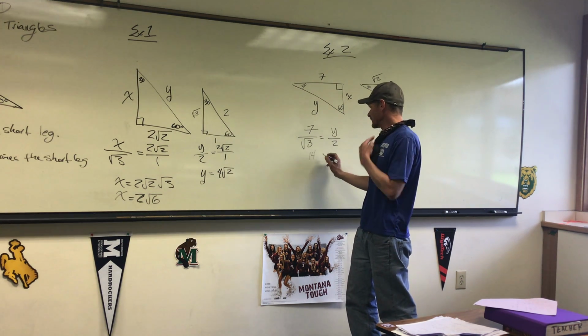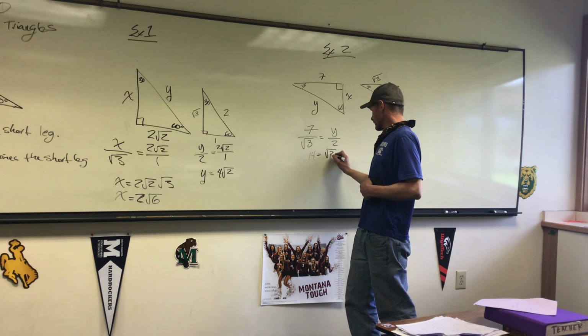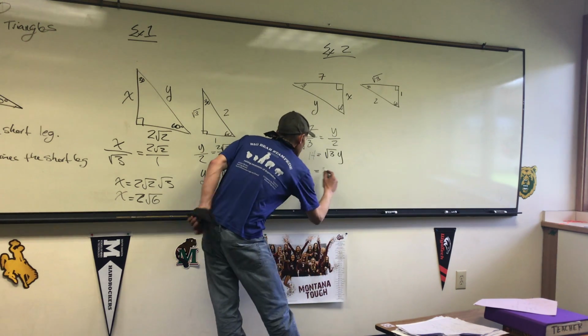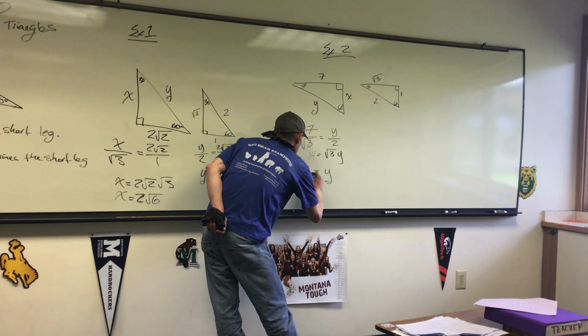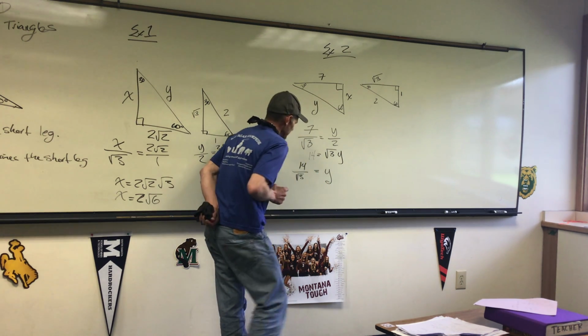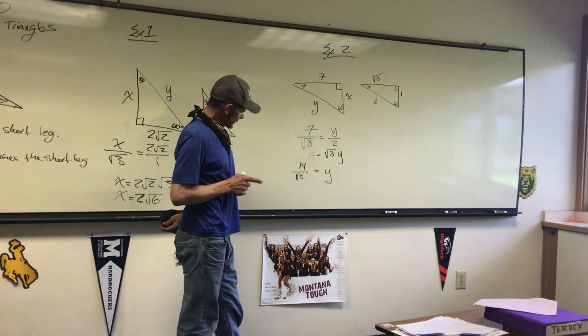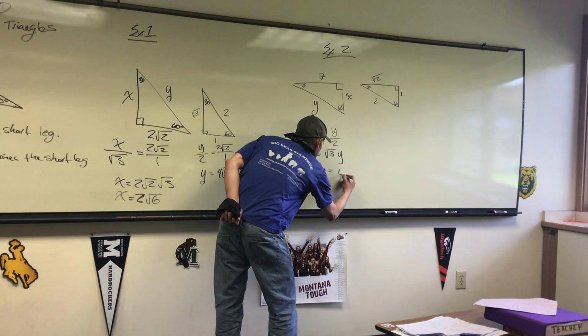14 is equal to the square root of 3 times y, and then we're going to divide by the square root of 3, and we get that y is equal to 14 divided by the square root of 3. That's a good answer, but I've been asking you to try to rationalize the denominator.